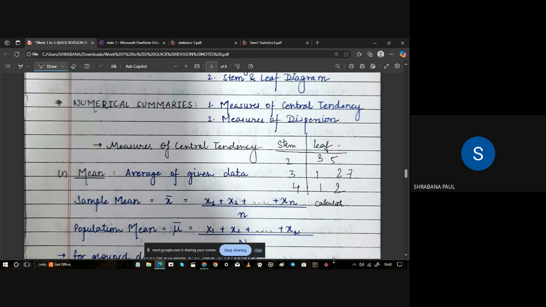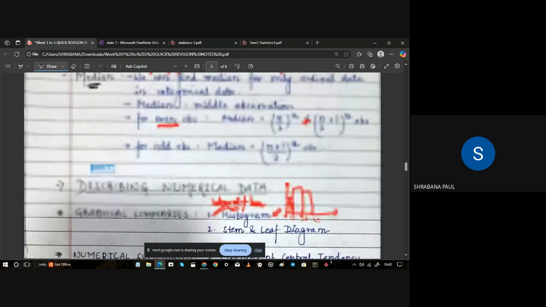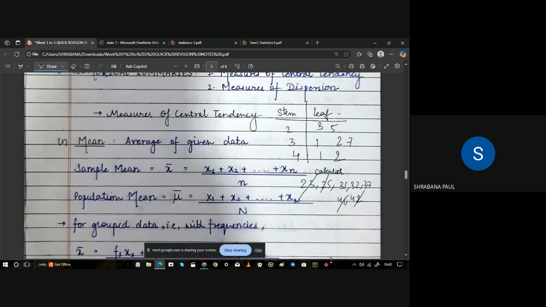Good. How have you taken it? You write the numbers 31, 32, 37, 41, 42, and cut the numbers from both ends and come to the middle. So the answer is 32. I guess most of them have got this answer.